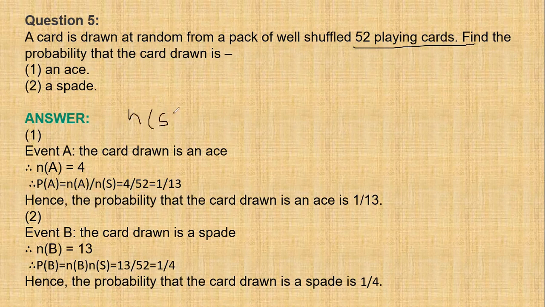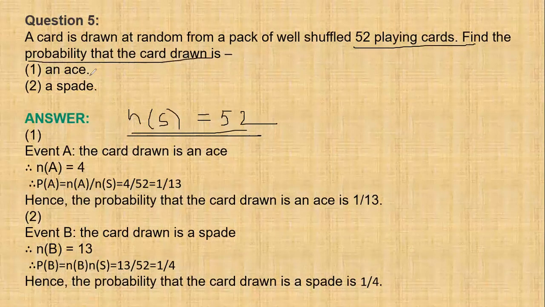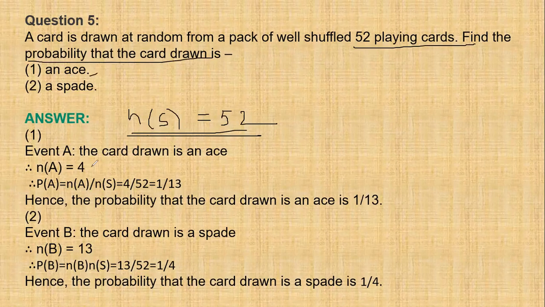No need to write the sample space. So that's why we write directly number of S is 52. Find the probability that the card drawn is an ace. How many ace cards? 4 cards. So 4 upon 52, that is 1 upon 13.